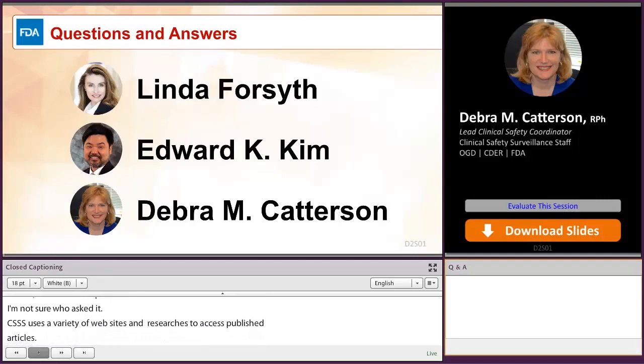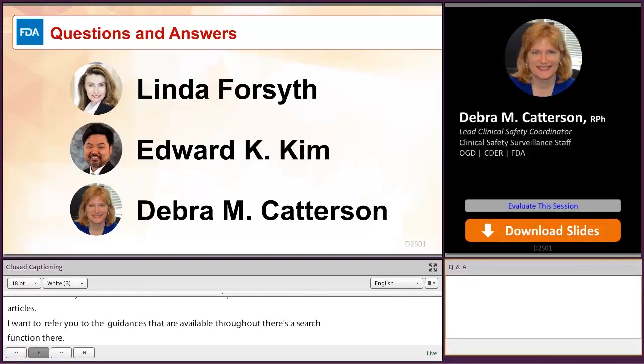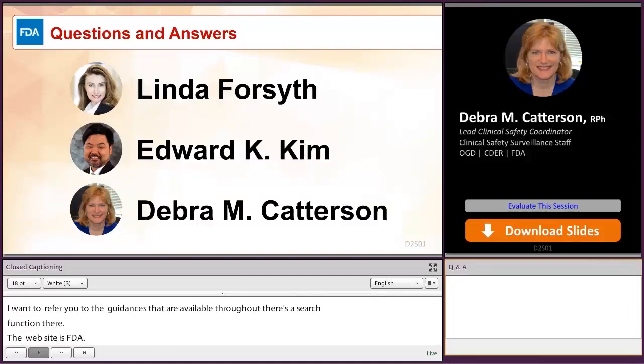And there's a very useful search function there. The website is fda.gov/regulatory-information.